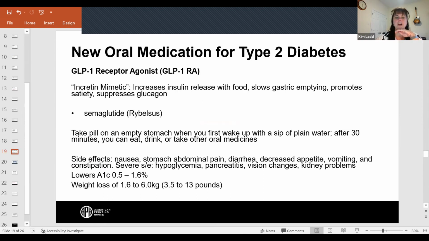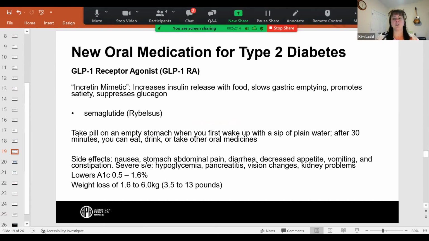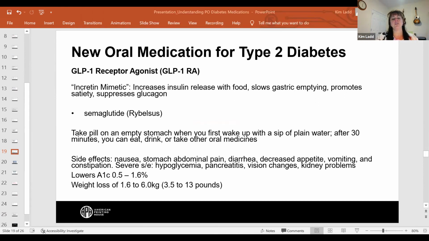I do want to talk about the newest oral medication for type 2 diabetes. And I know I've seen commercials every day for this one as well. It is called Rybelsus, also known as semaglutide. It is a GLP-1 receptor agonist. It is also known as an incretin mimetic, meaning it mimics incretin. Remember, we talked about that incretin a couple slides ago. So this medication increases insulin release with food.